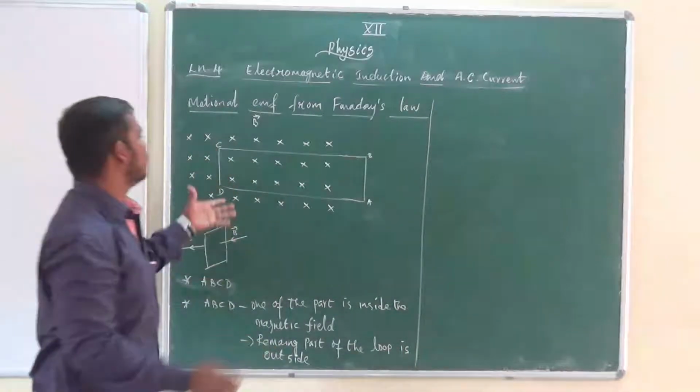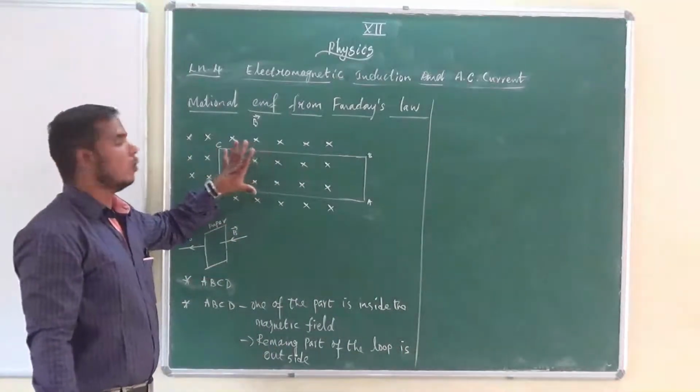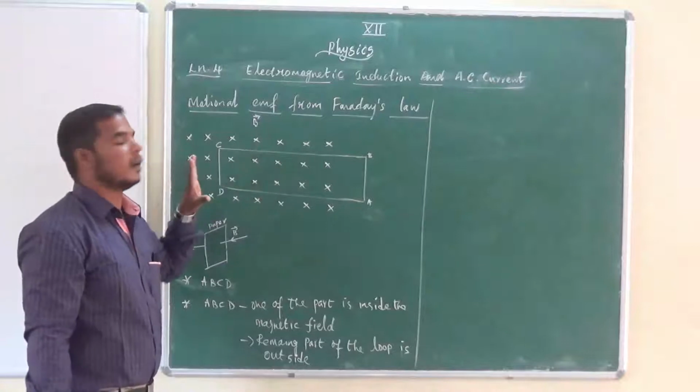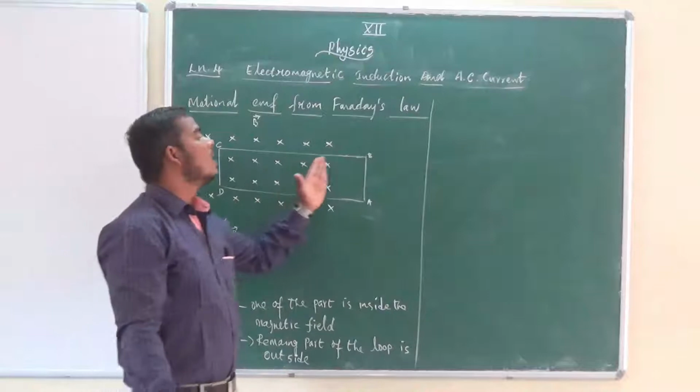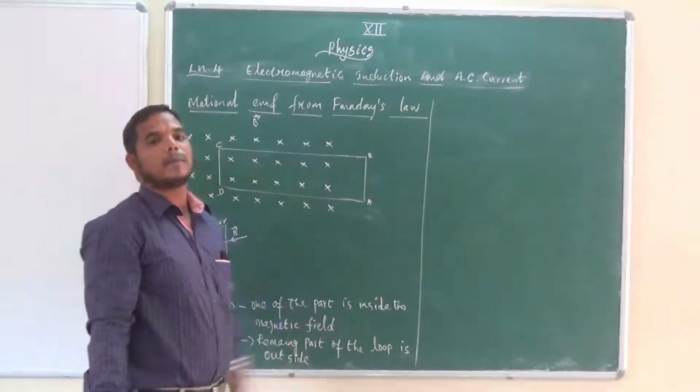You will see the board. So one part of the loop is inside the magnetic field, and the other part is not in the magnetic field.